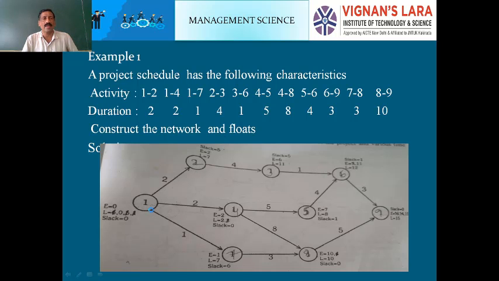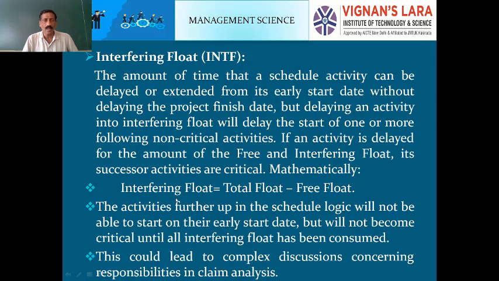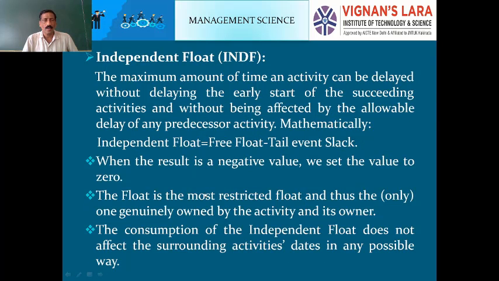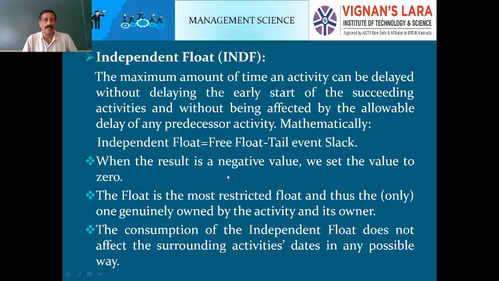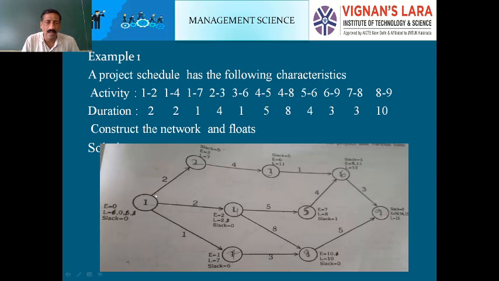Now, I said mathematically, independent float equals free float minus tail event slack. Here slack means 7 minus 2, slack is 5: latest starting time minus earliest starting time.